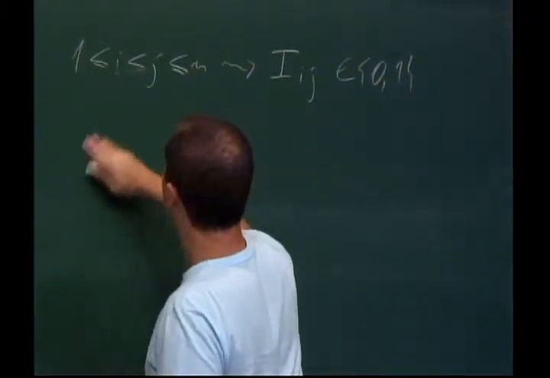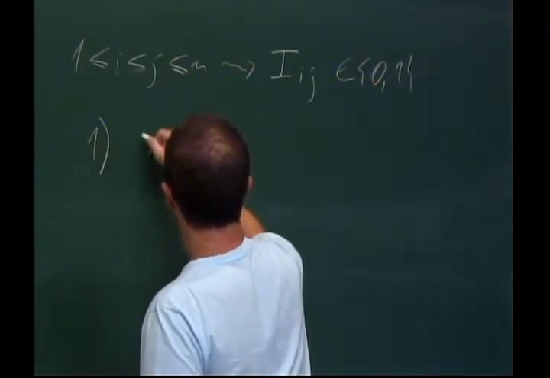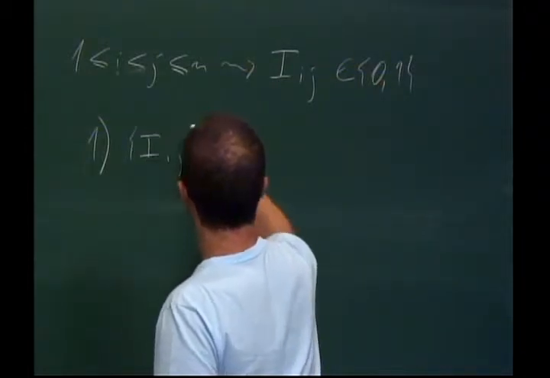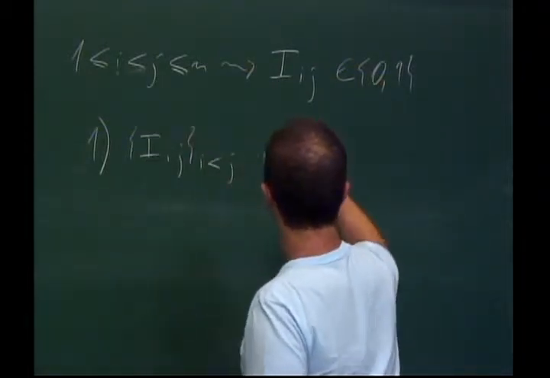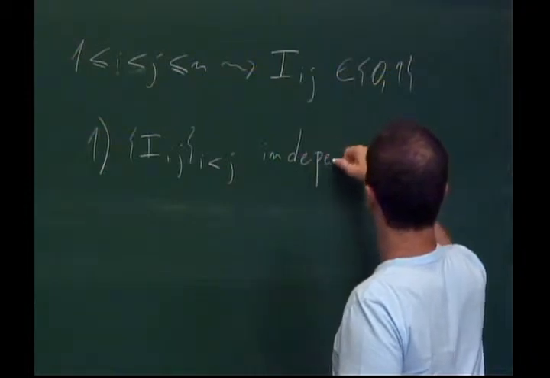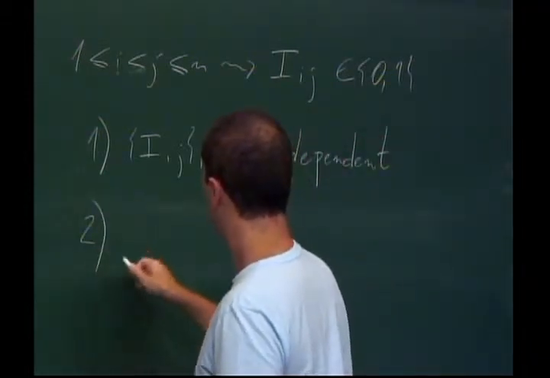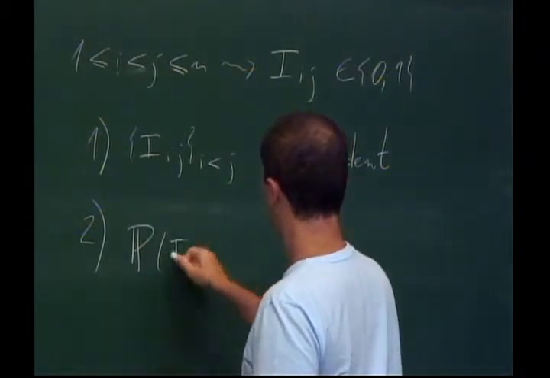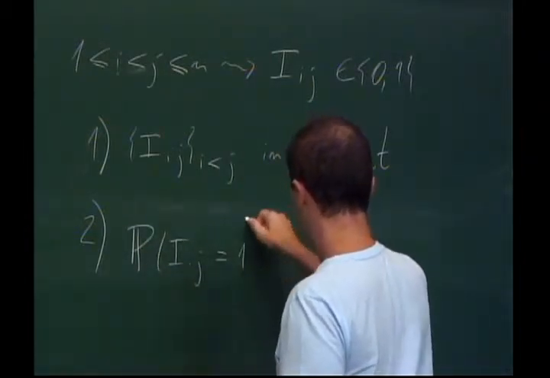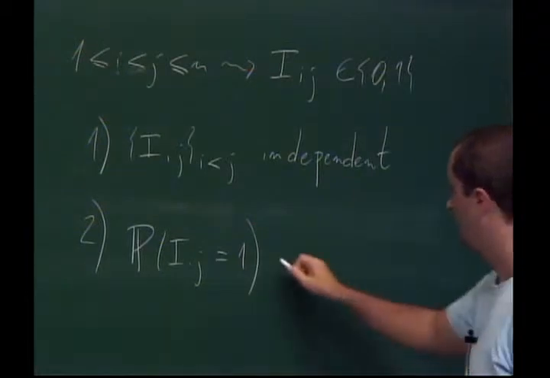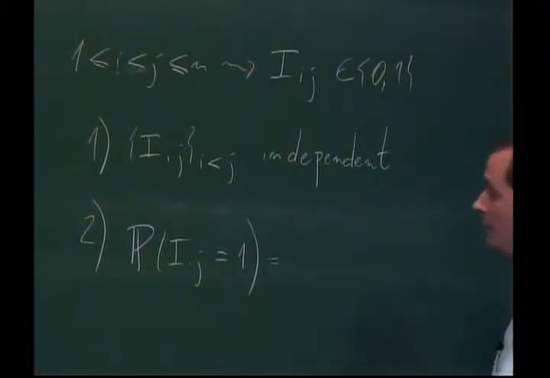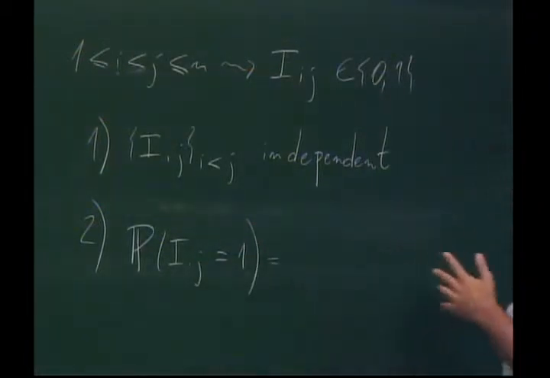And the rules are that these random variables are independent, but also that the probability that the variable for ij equals 1 is going to be different depending on whether i and j belong to the same community or not.